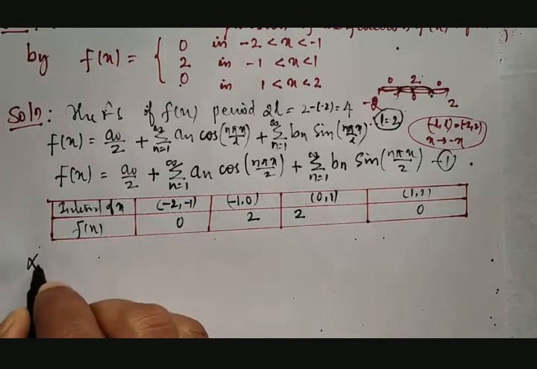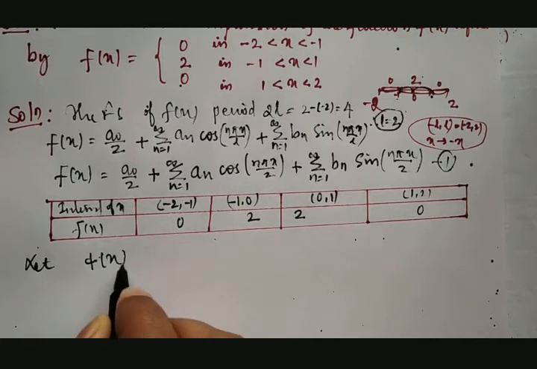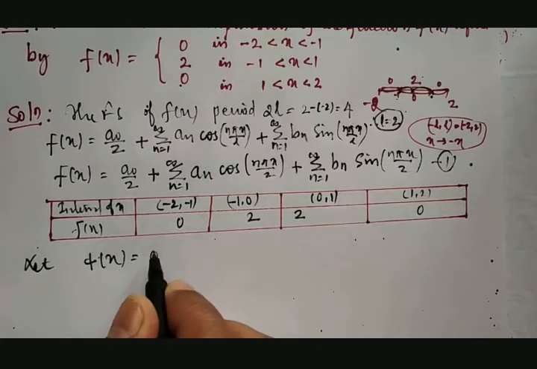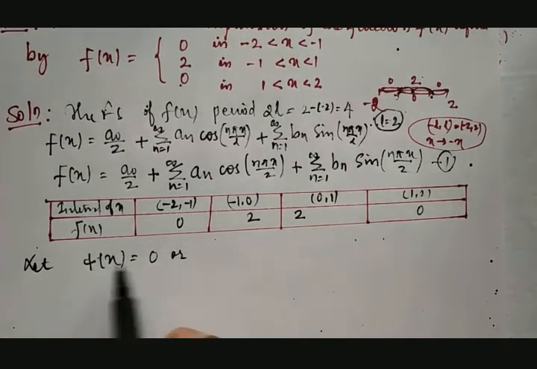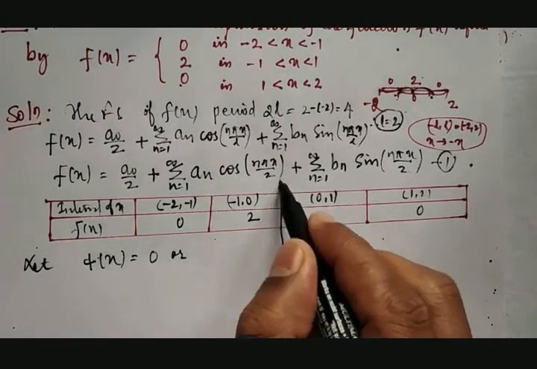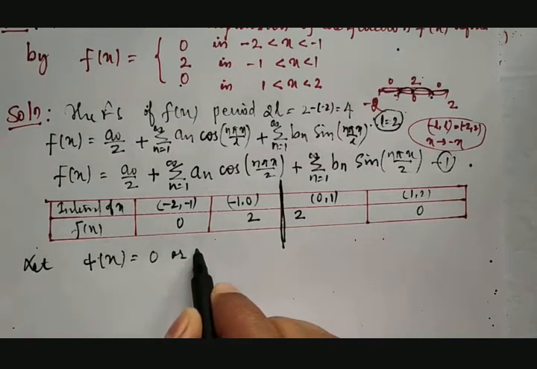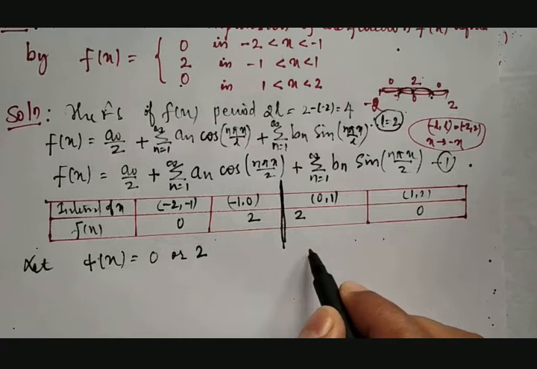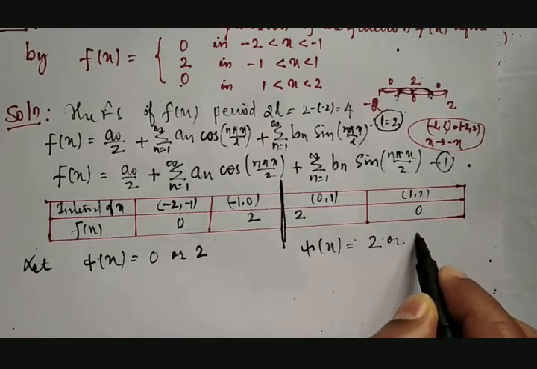Therefore, to check the nature, we have to consider phi of x is equal to 0 or 2. Similarly, psi of x is equal to 2 or 0.